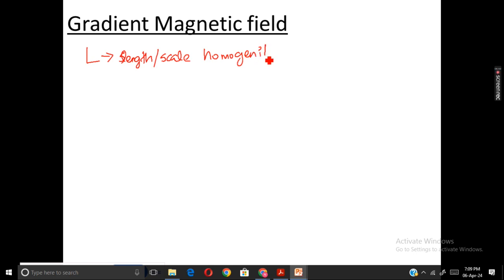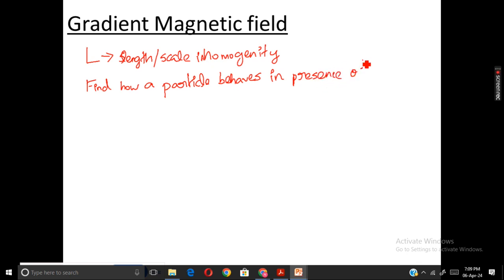What we are basically trying to do is find how a plasma particle behaves in the presence of an inhomogeneous magnetic field.